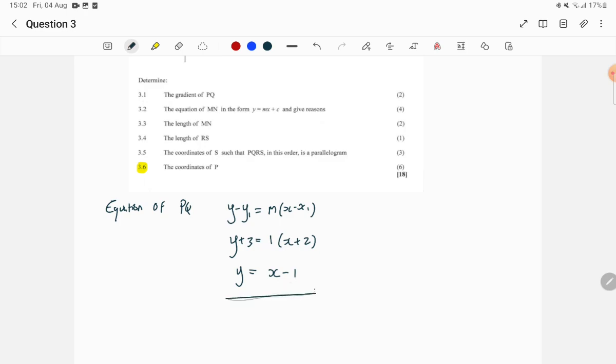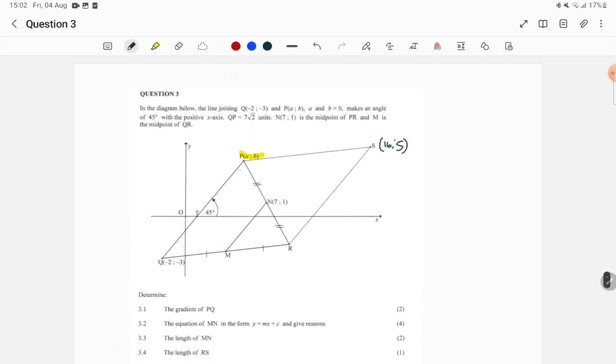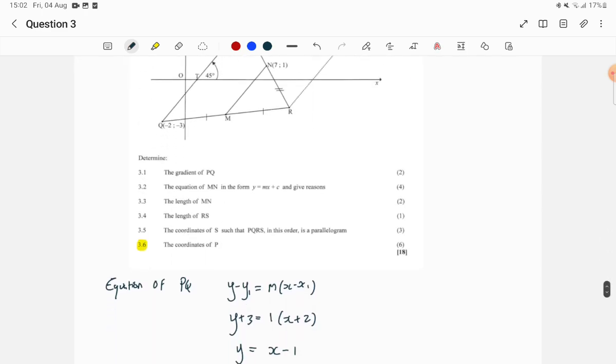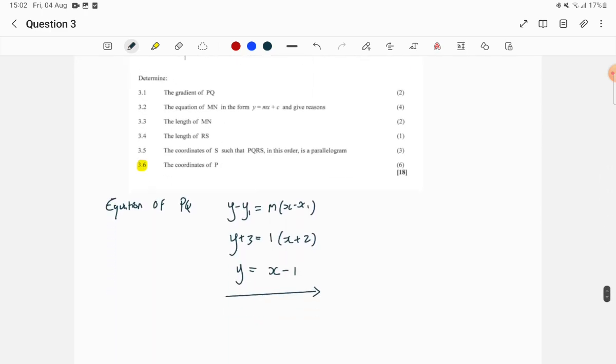So that gives us that equation, and how this helps is that point P is on that line PQ. So if the entire equation of that line is y equals x minus 1, that means that whatever the value of x, we subtract 1, and that's how we get our y value.